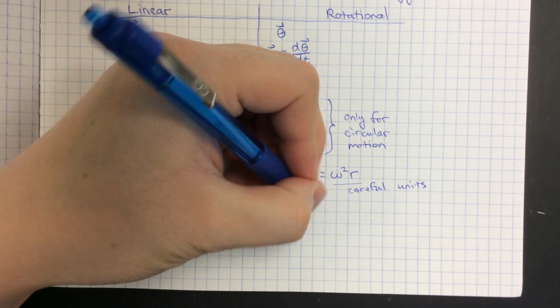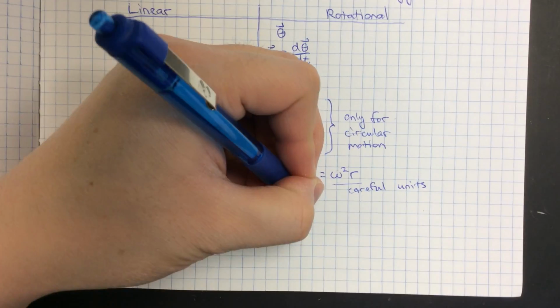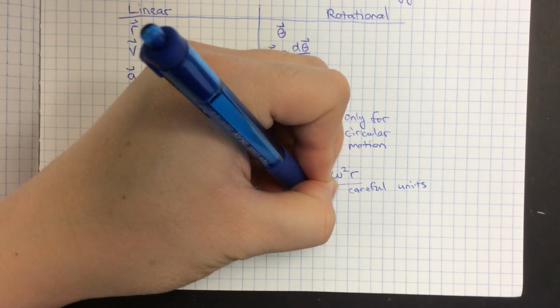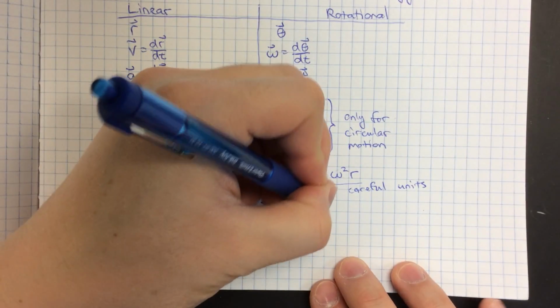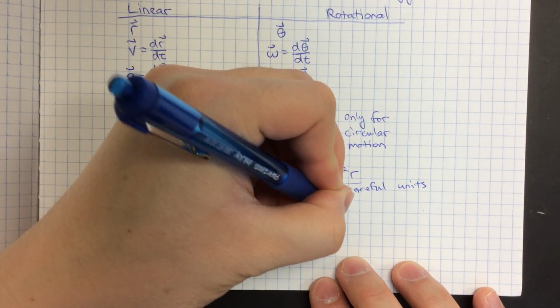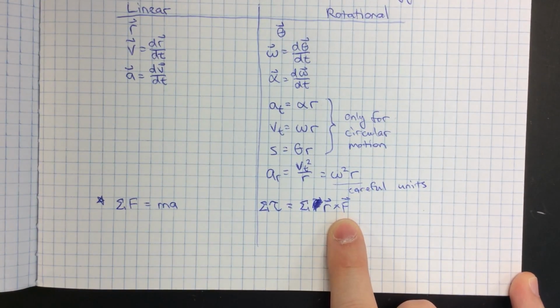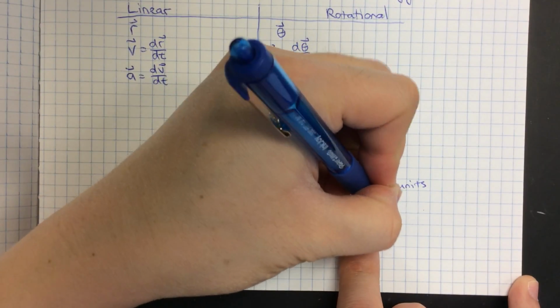I'm going to write this first. We said torque is kind of like a force, R cross F. So you're summing all the torques created by your forces, and that will equal I alpha.